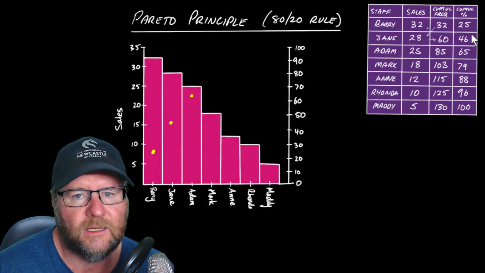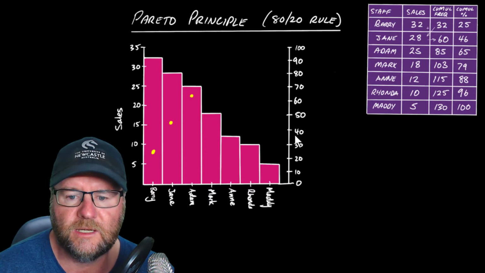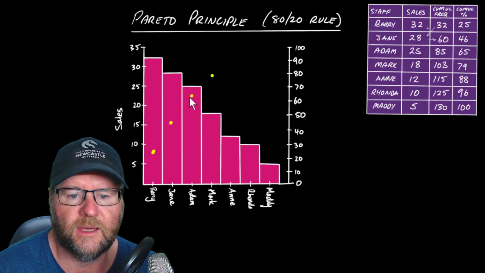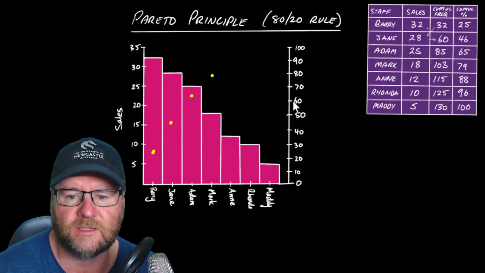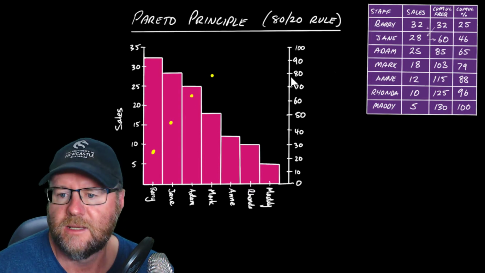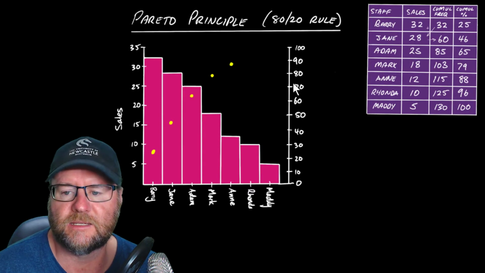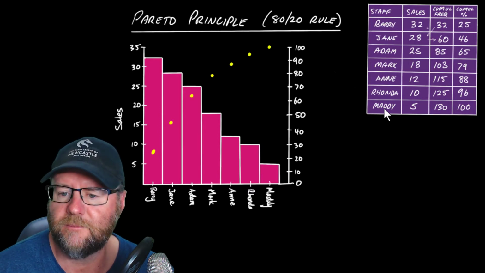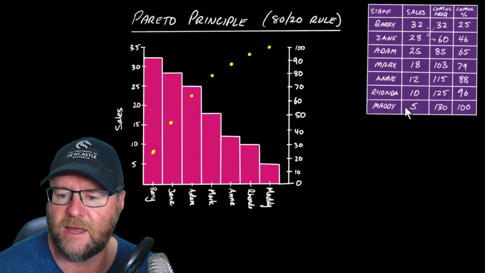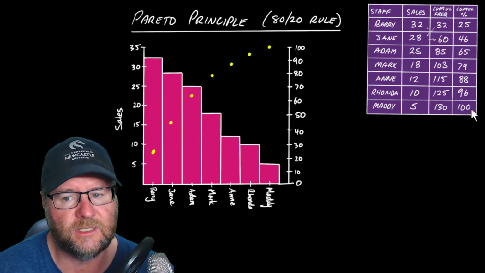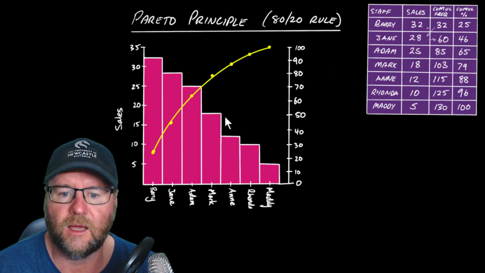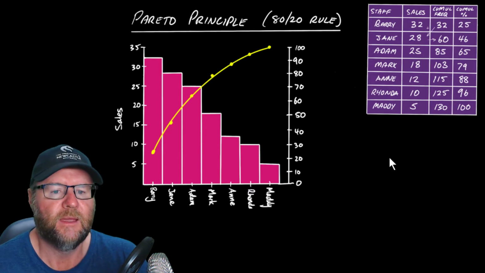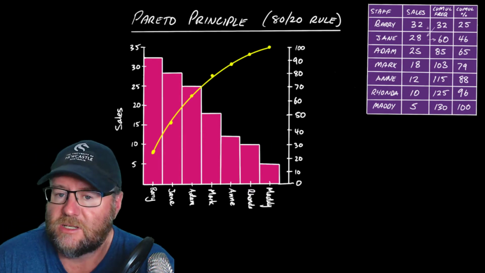For Jane, the cumulative percentage was 46. So I'll come up to 46, come across, pop it there, and I'm going to repeat that process now. 65% for Adam, 79%, etc., until I get up to 100% for Maddie. That's this number here. So in Maddie's row, the cumulative percentage was 100%. I'm going to join them all together with a line, and that is it. Pretty much done. That's my Pareto chart.